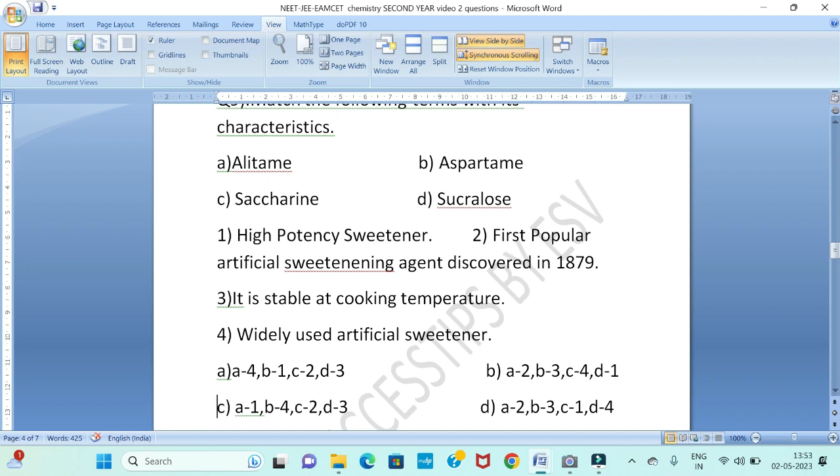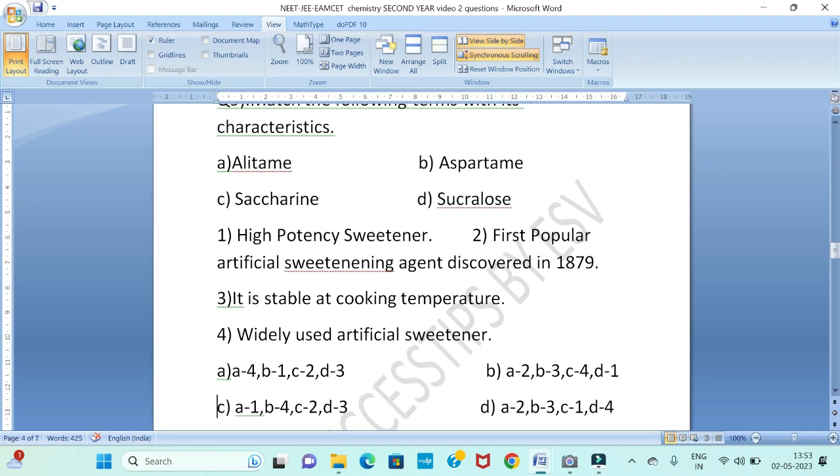I coded it, but you don't take that. Sucralose SE, so stable at cooking temperature.